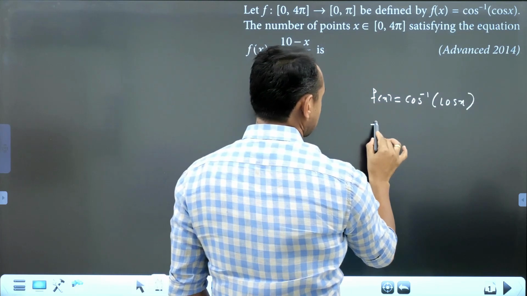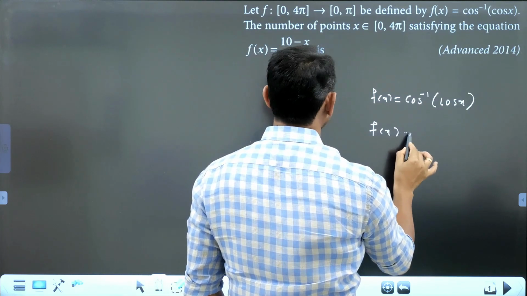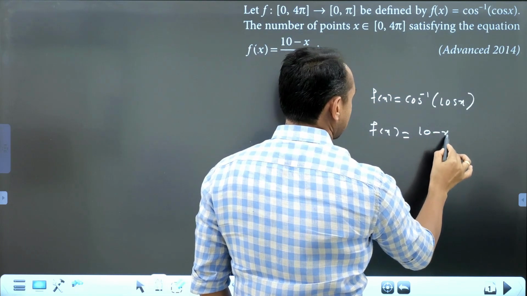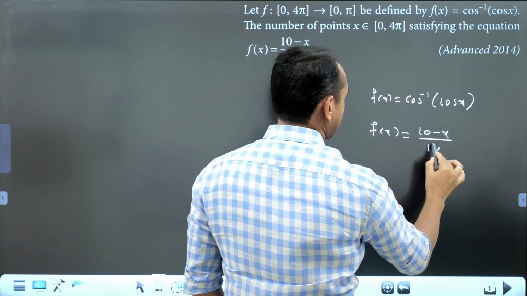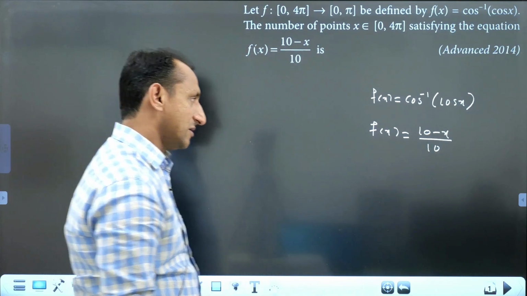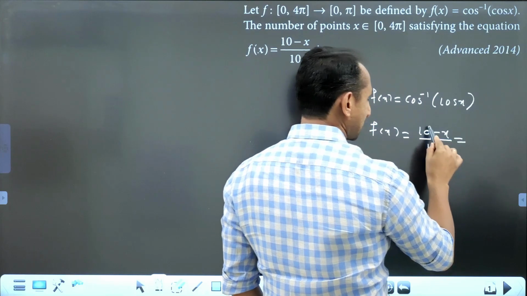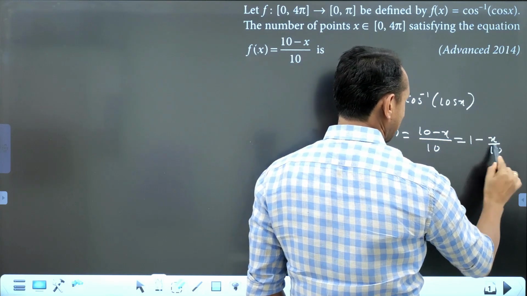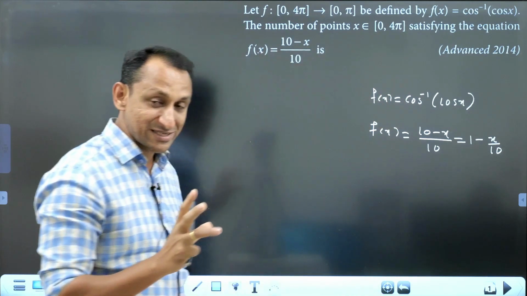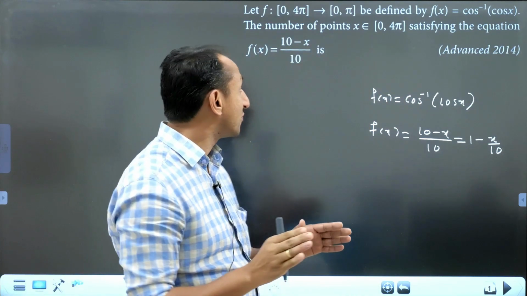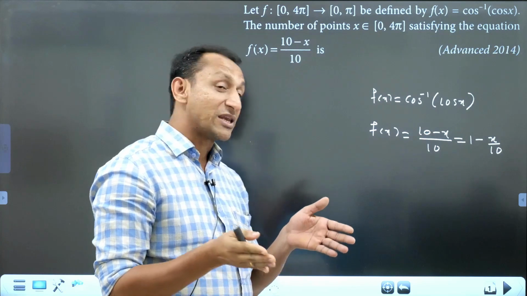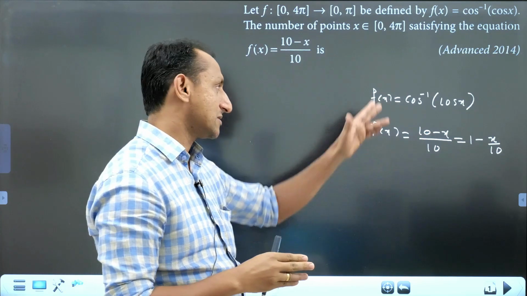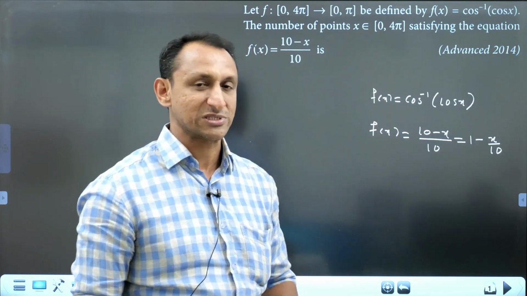Second equation is f of x is equal to 10 minus x by 10, simply written as 1 minus x by 10. Question says number of solutions satisfying these two equations.